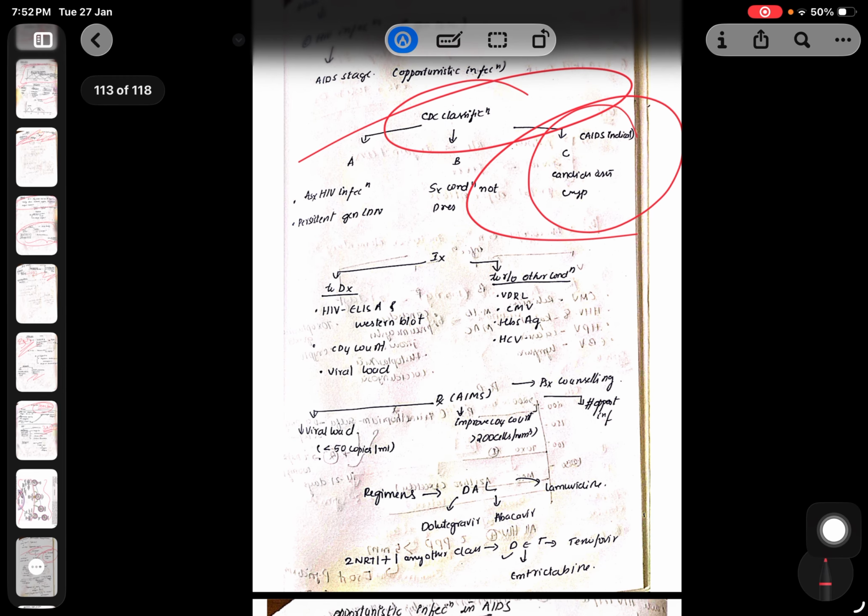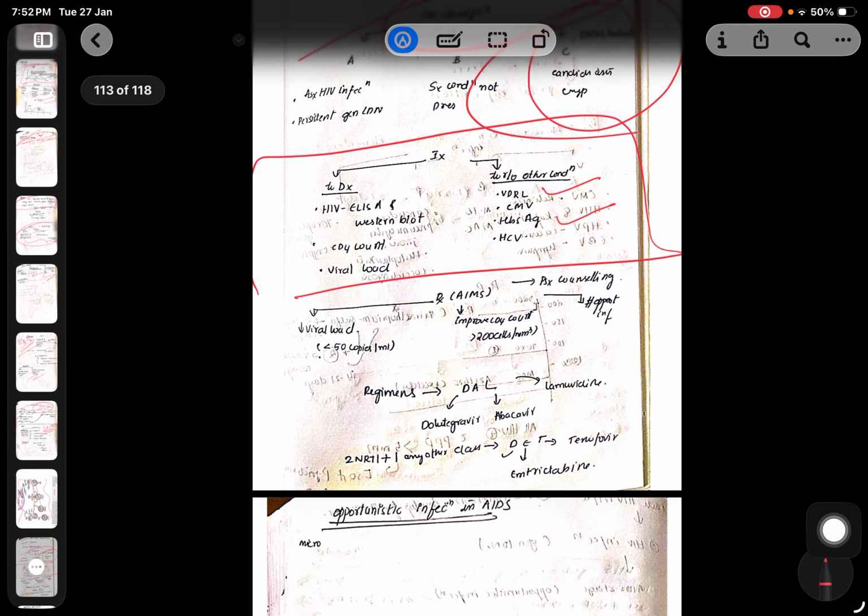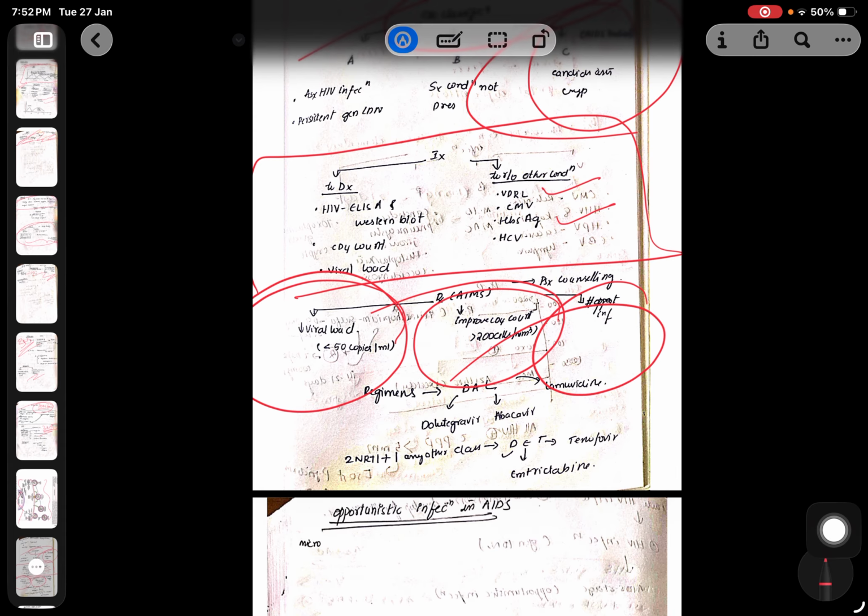Again, investigations, to diagnose and to treat other conditions, as it might be associated with syphilis or hepatitis, all these things. Then treatment aims to decrease the viral load, improve the CD4 count, prevent opportunistic infection, and importantly counseling.